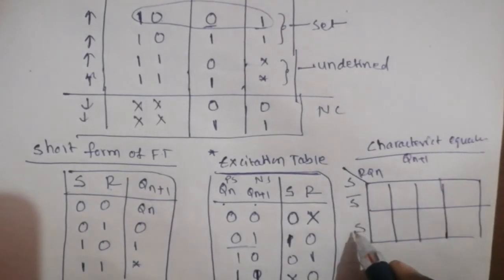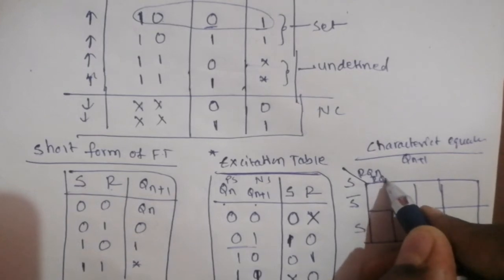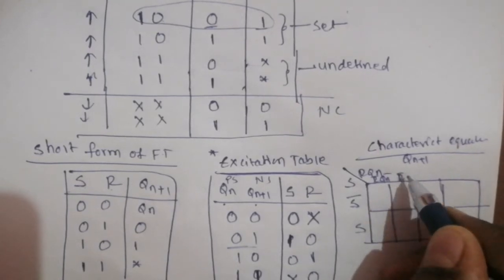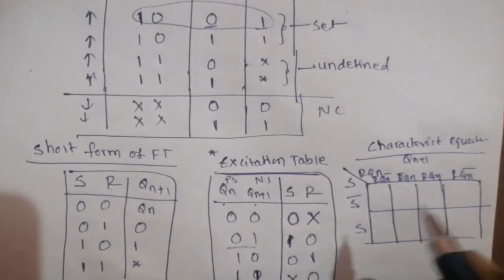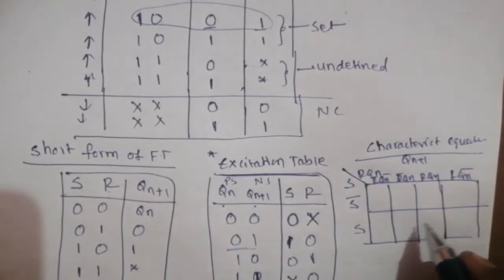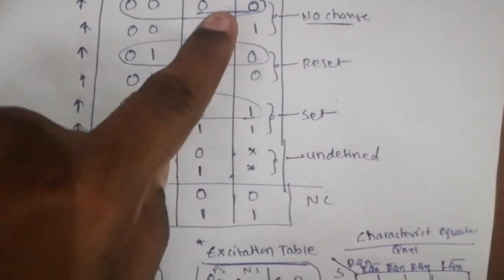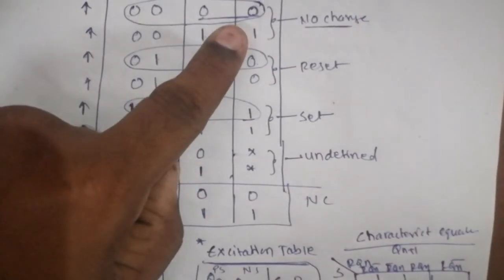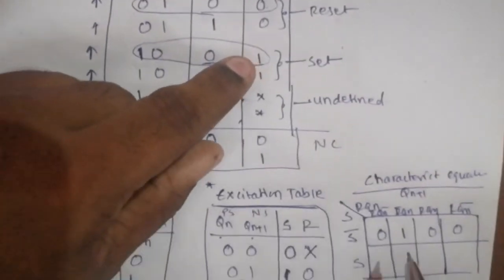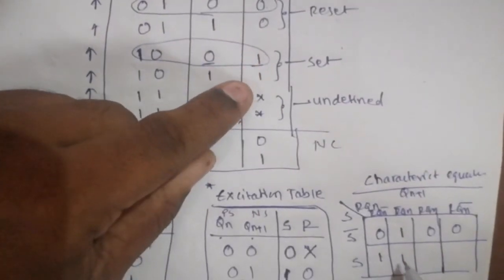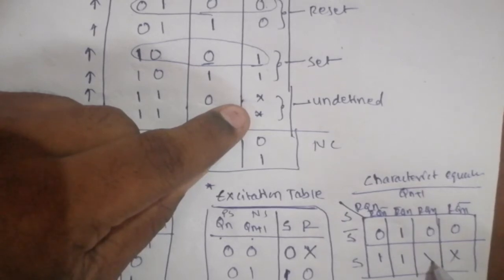This is S bar, S, here R bar Qn bar, R bar Qn, R Qn, R Qn bar. You can fill this with the Qn plus 1 output. Here it is 0, again here 1, 0, 0, coming to here 1, 1, don't care.